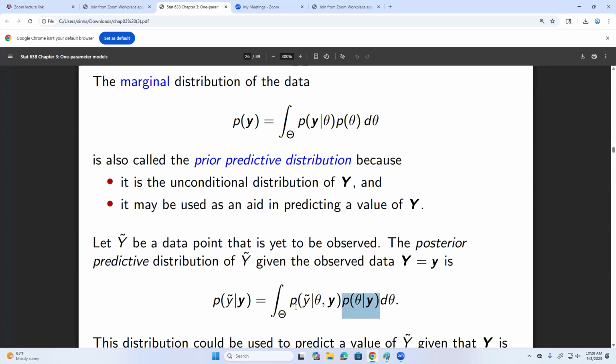What we do is that we multiply the data density given the parameter with the posterior distribution of the parameter. The second component is the posterior distribution of the unknown parameter given the data. Remember, this y, little y, is the observed data, and y tilde is the future observation, is not observed.